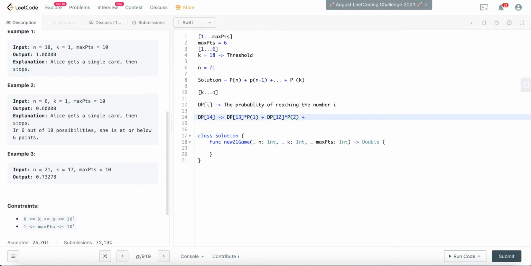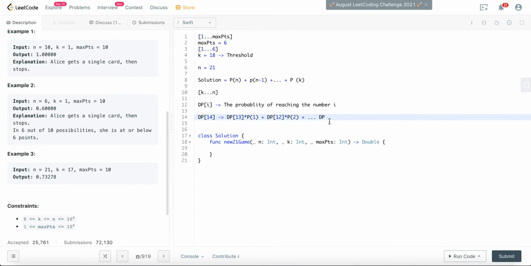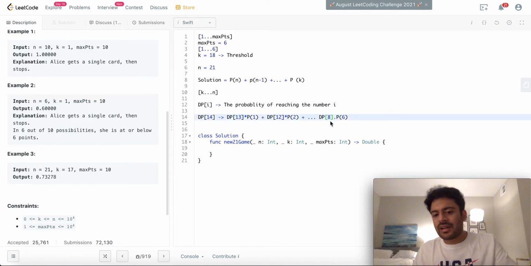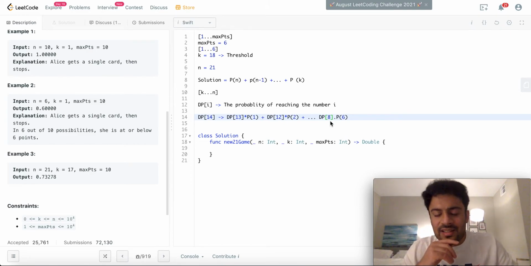We'll keep doing this. What is the largest number we can draw from this range? 6, right? So dp of something times the probability of 6. So this should be 14 minus 6, which is 8. This is the base of our recurrence relation.